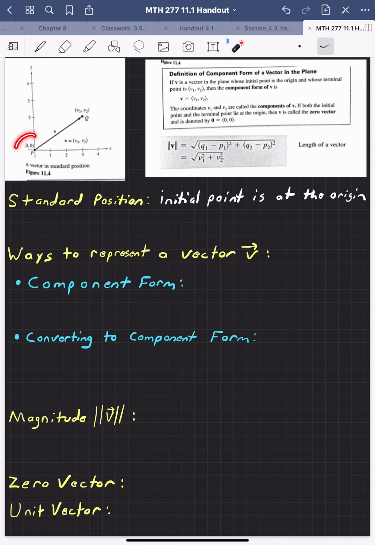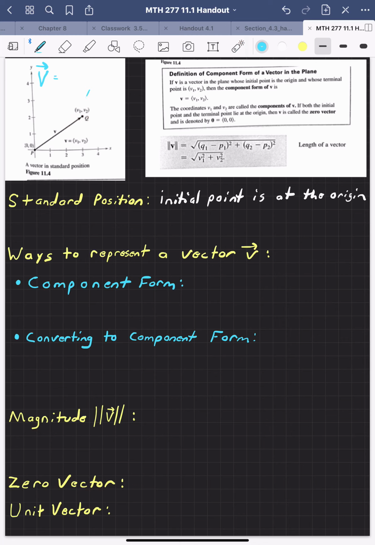You're going to have to kind of follow me up here. So notice that initial point P, it's in component form, so we know that's at the origin, 0, 0. And notice the notation that they're using for the terminal point. I'm going to write that just slightly larger. So they're basically saying vector V, that this terminal point, instead of using X and Y, they're using V with subscripts, right?